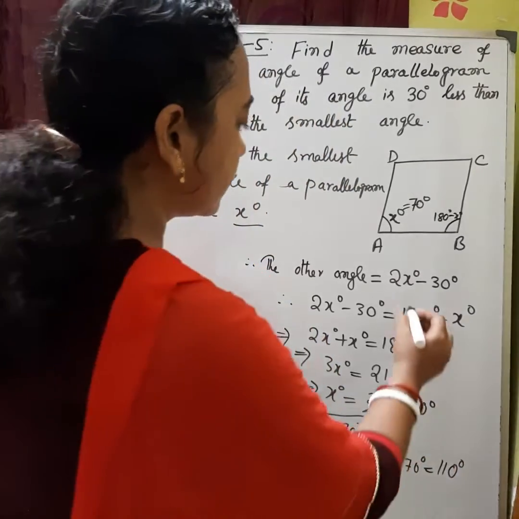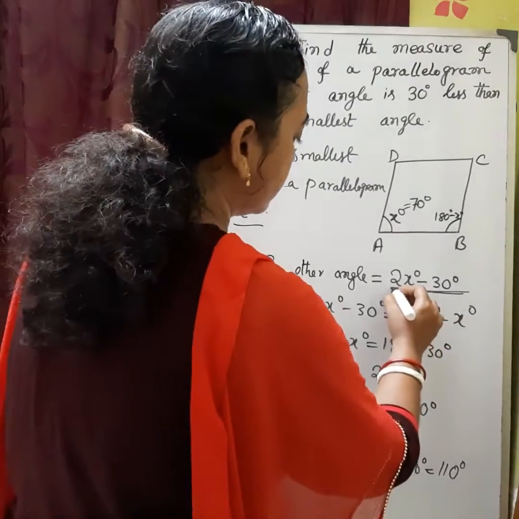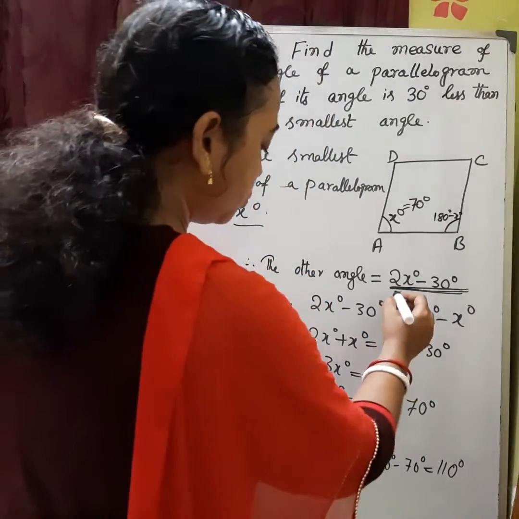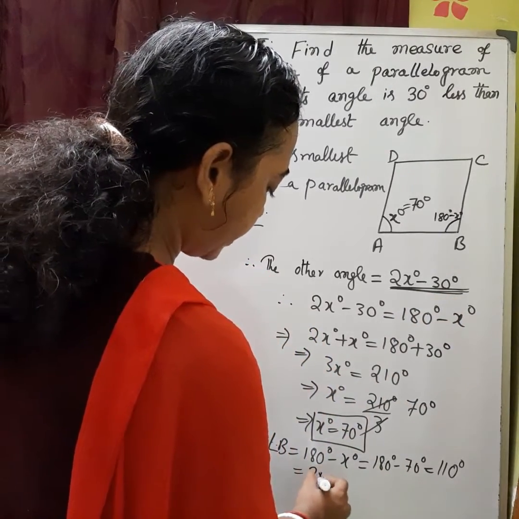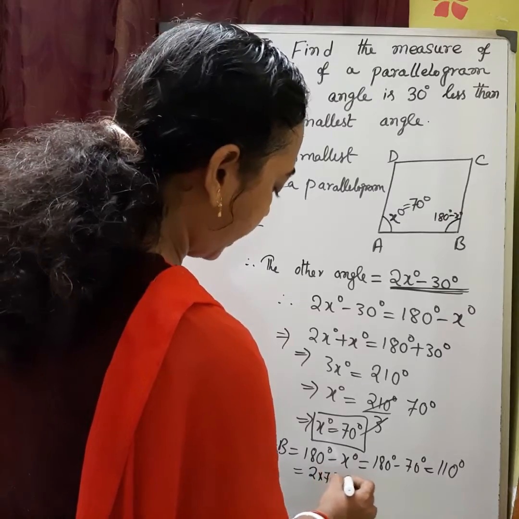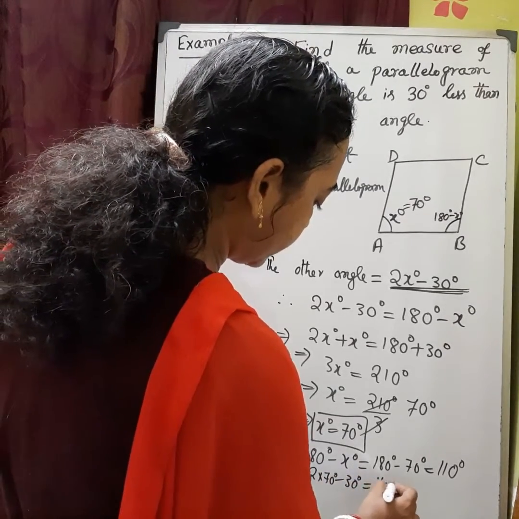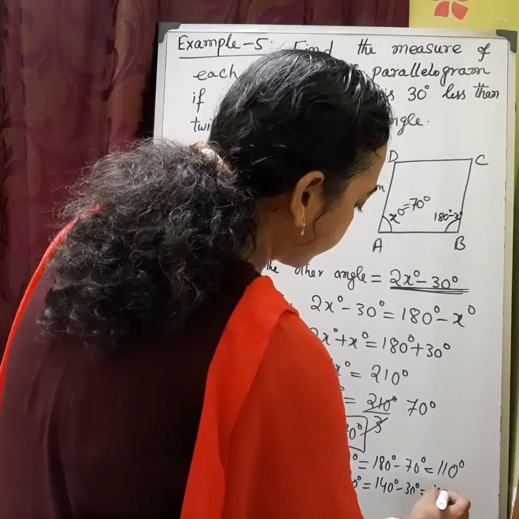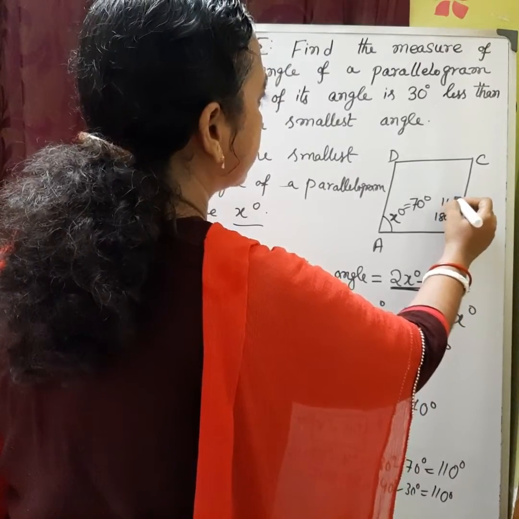If you put the value of x directly in this expression, we will get 2 multiplied by 70 degree minus 30 degree. So 2 multiplied by 70 means 140 degree minus 30 degree, we get the same result, that is 110 degree. So another angle will be 110 degree.